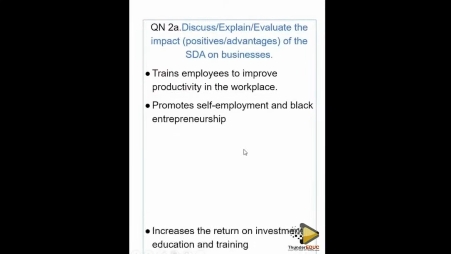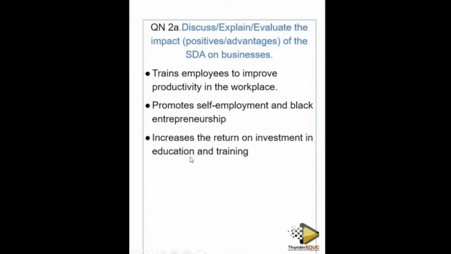Moving on, we have the increase in the return on investment in education and training. When we talk of investment, we talk of the multiplication of money. So now here we say the increase in return on investment in what? Education and training.